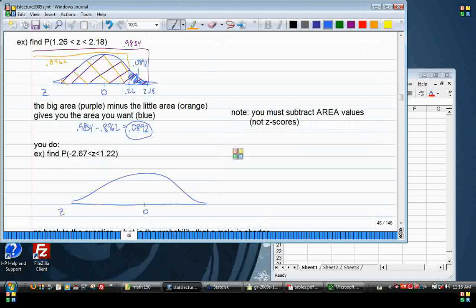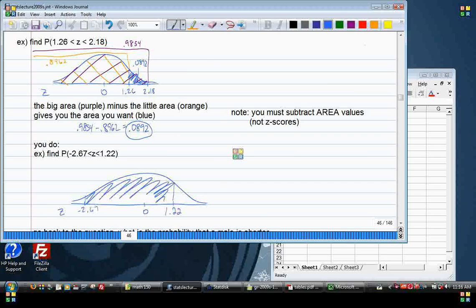Okay, and what else do we label? And now what? Shade where? There you go. Okay, so that's the area we want. So what do we have to do or find?